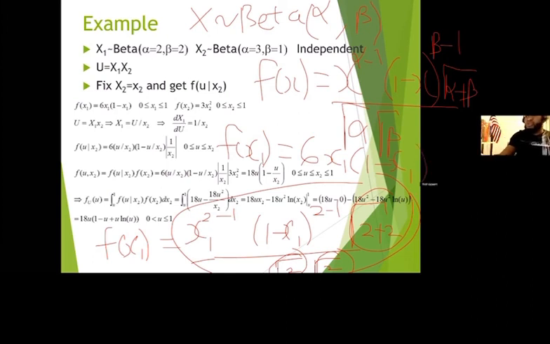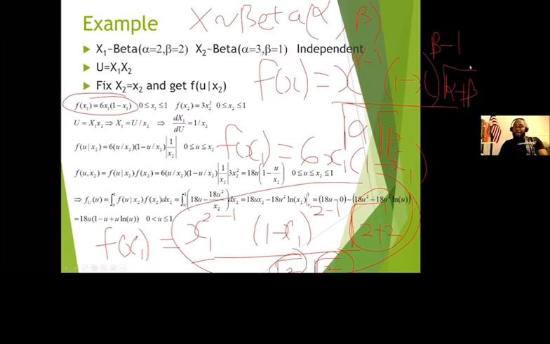That was how they derived this. Can you see that now? They are using a beta distribution defined as this, and the parameters alpha equal to 2, beta equal to 2 have already been given. That's how we derive this. And we have another variable x2 that follows a beta distribution with alpha equal to 3 and beta equal to 1.